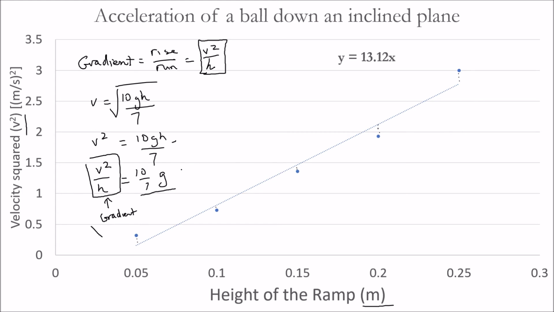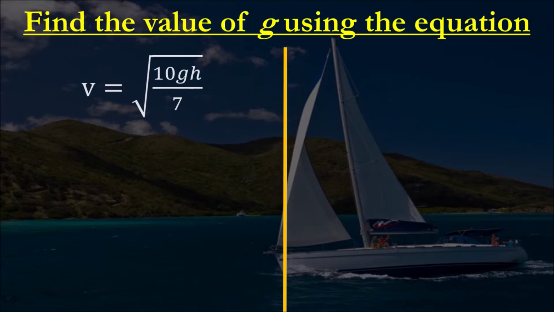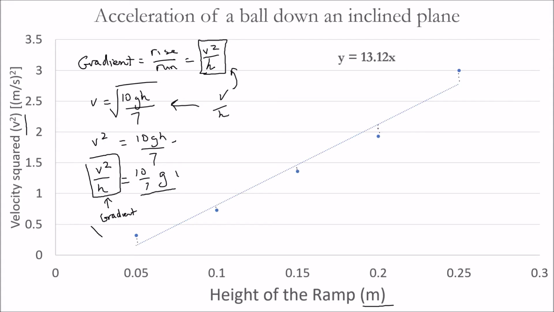That constant will help you find g from the gradient. That's why we graphed it as v squared over h. If we graphed it as v over h, it wouldn't work because that's not the formula that we can apply here. So it's not quite applicable. Okay? So that's what we're dealing with here.